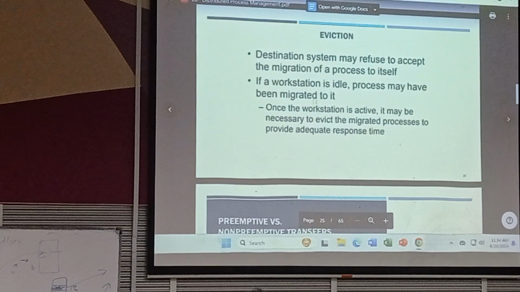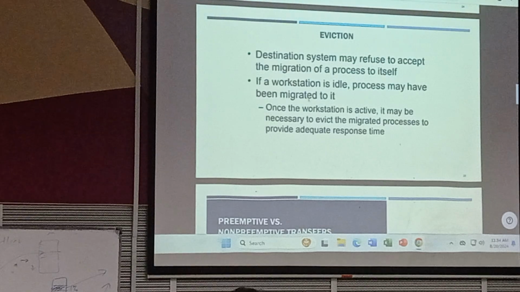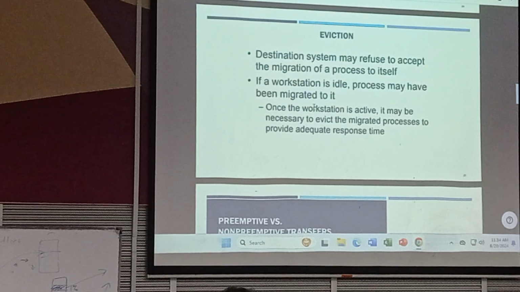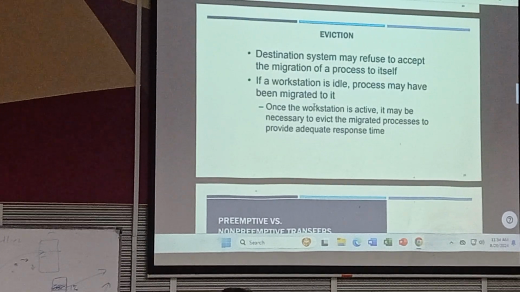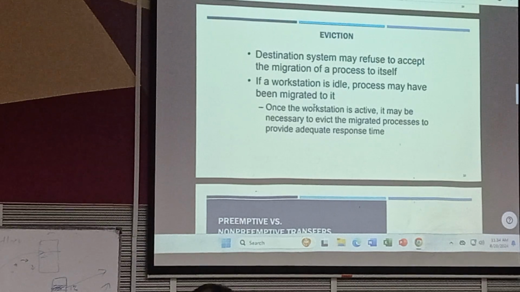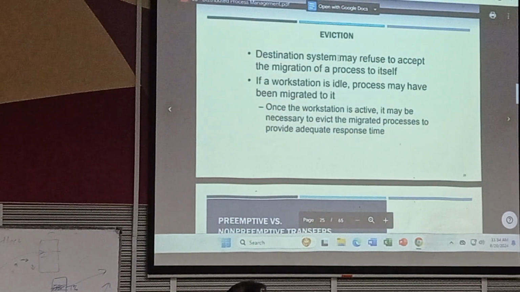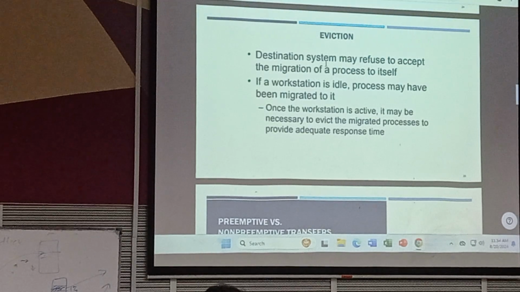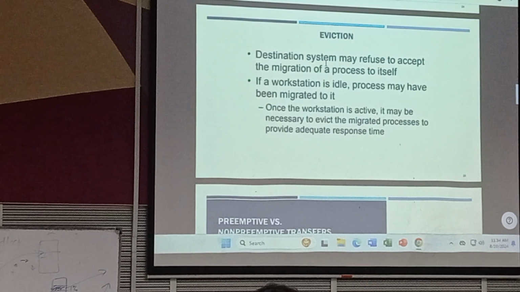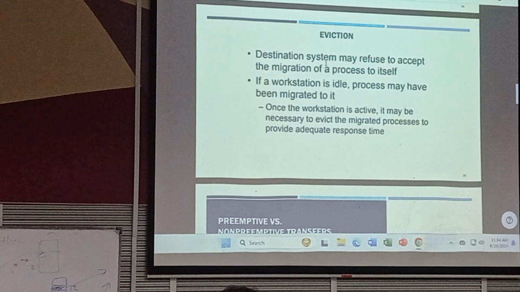So this is the one I mentioned. The destination might refuse to accept. If it refuses, then you might find another machine to migrate to. This mostly depends on the policy. For example, the policy is that once you finish your quota, you cannot use it anymore. So the other machine might negotiate with your machine, find out your credentials, and also find out whether you have enough credits.